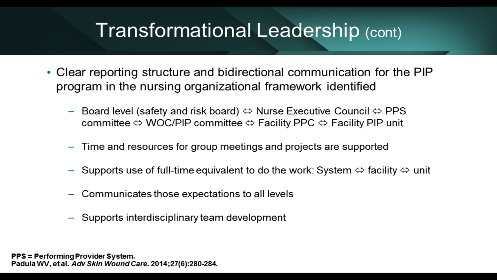So at the board level, our safety and risk board, our nurse executive council, our professional practice steering committees, and then we have a wound ostomy continence pressure injury prevention committee, and then that transmits down to a facility professional practice committee, and then a facility pressure injury prevention at the unit level. So again, you can see from system all the way down to facility to organizational unit level.